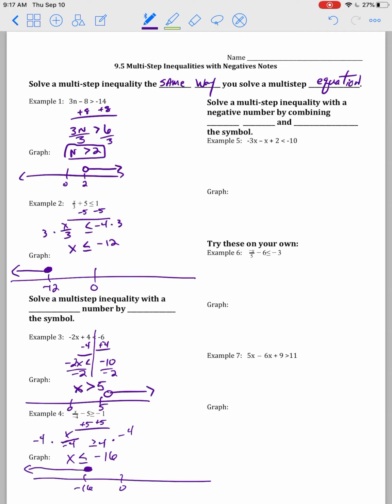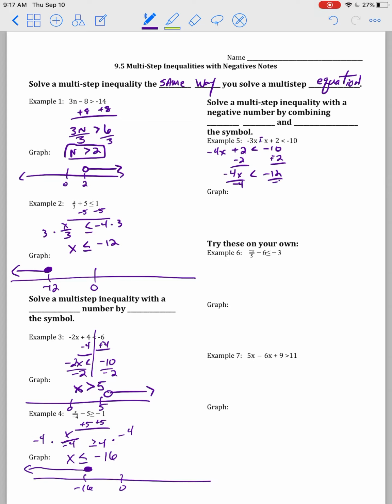Ooh, look at this. We got like terms. What do we do with like terms? We combine them. We got two x's, so that's a plus a negative. Negative 3x plus a negative x, so that'd be negative 4x plus 2 less than or equal to negative 10. Now we minus the 2, minus the 2. That's the same as plusing a negative, so that's negative 12 and then negative 4x.